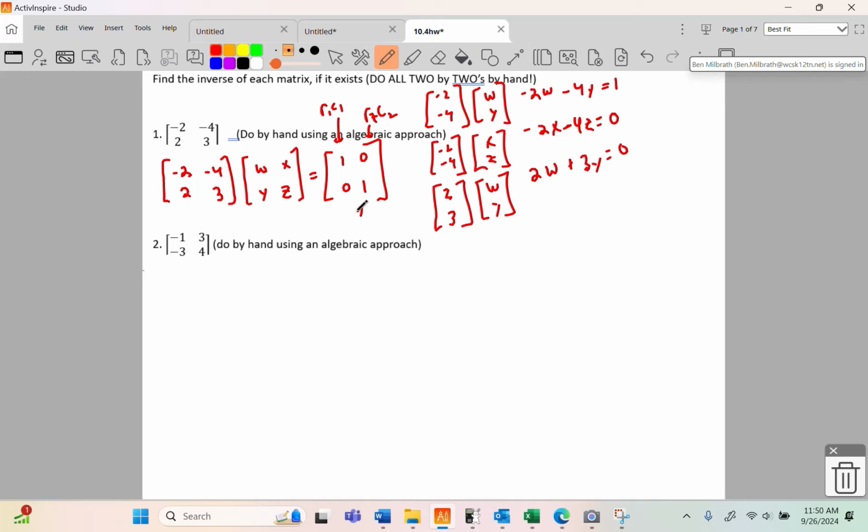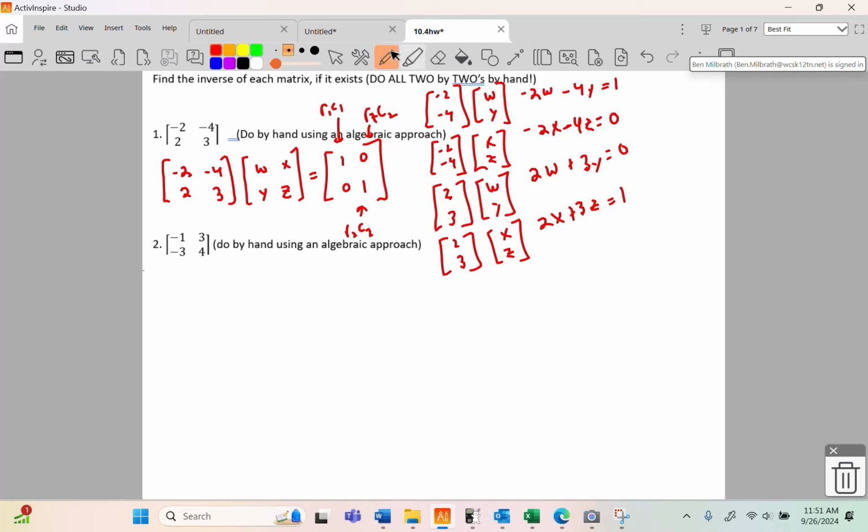And lastly, I'm in row 2, column 2, so I take 2, 3 again. I take column 2, X and Z, I multiply and I get 2X plus 3Z, and I happen to be equal to a 1 here. And then I'm going to do substitution, elimination, lots of good things.